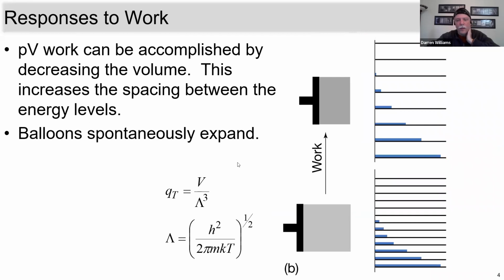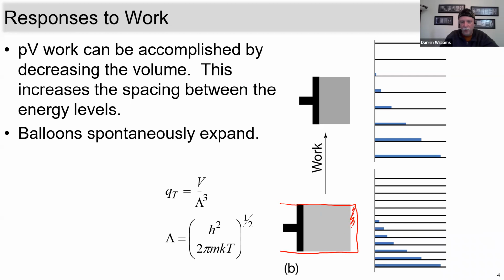Down here at the bottom, we have the system like last time: our quantum system with the Boltzmann factors plotted in blue. What happens when we squeeze the system? We compress it, so we do work on the system. This is supposed to represent a gas volume inside a chamber.